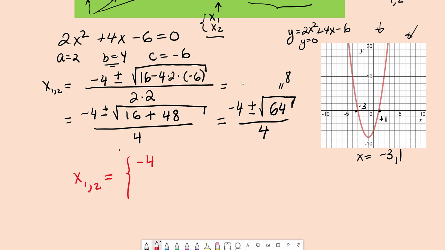So we have minus 4 plus the square root of 64, which is 8, divide by 4. Or we have minus 4 minus 8, right? That's the second solution, so this is the minus, divide by 4. And negative 4 plus 8 is 4. 4 divided by 4 is 1, right? And here we have negative 12 divided by 4, which is equal to negative 3.